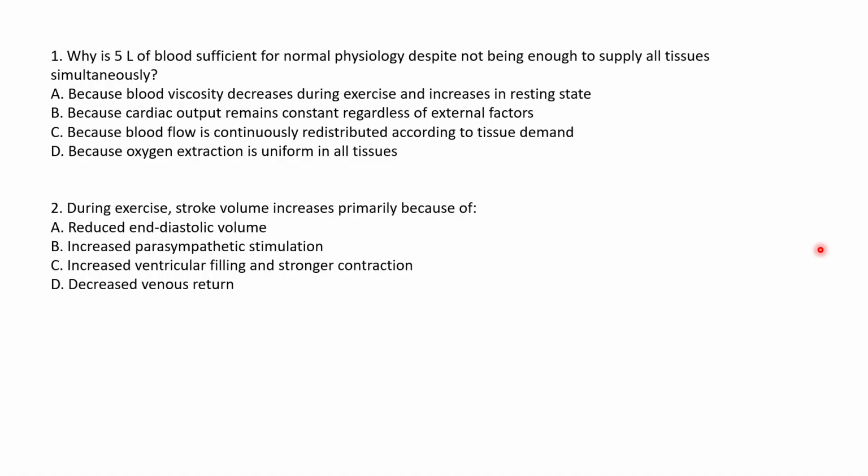So you therefore have stronger contractions and more blood filling into the ventricles. So it's much more powerful, and it keeps you going during exercise. So your stroke volume is increasing primarily because of these reasons.